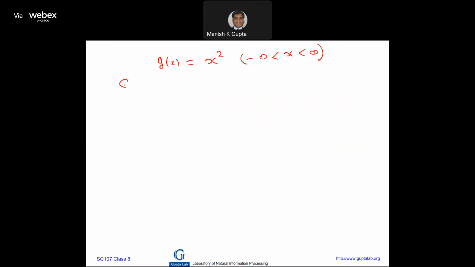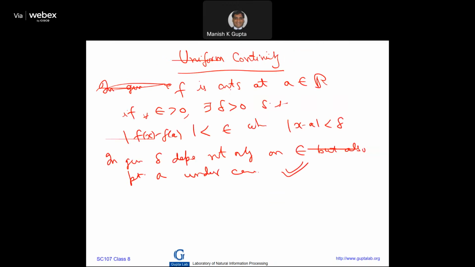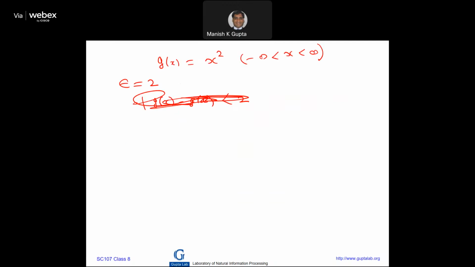So if I take epsilon equal to 2, the statement is mod of g of x minus g of a will be less than 2. So we are taking epsilon equal to 2, right? The definition is that mod of f of x minus f of a is less than epsilon. So epsilon is 2. I will try to find a delta, which depends on, of course, the point.